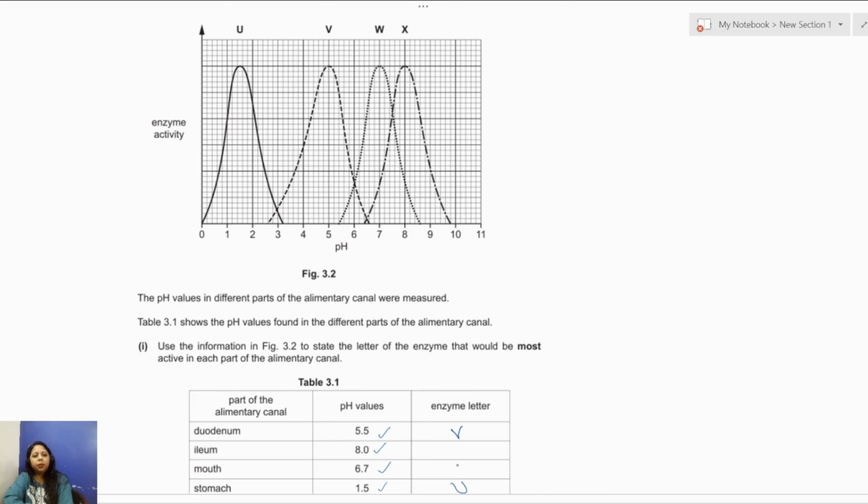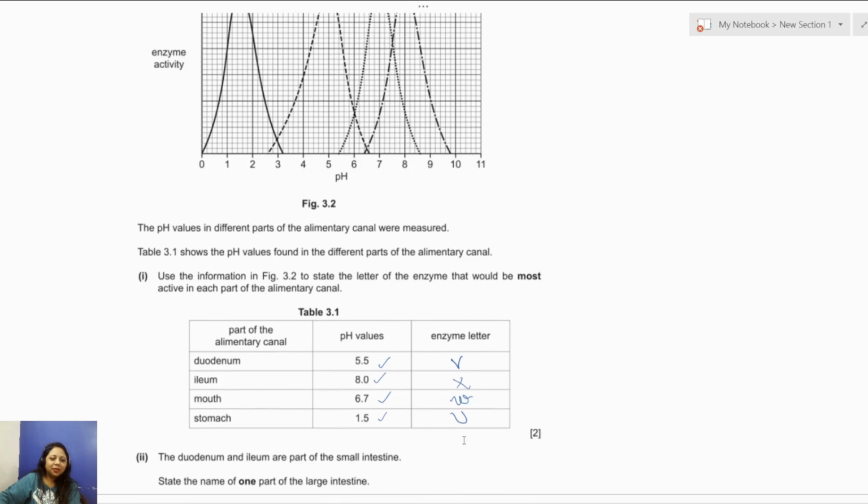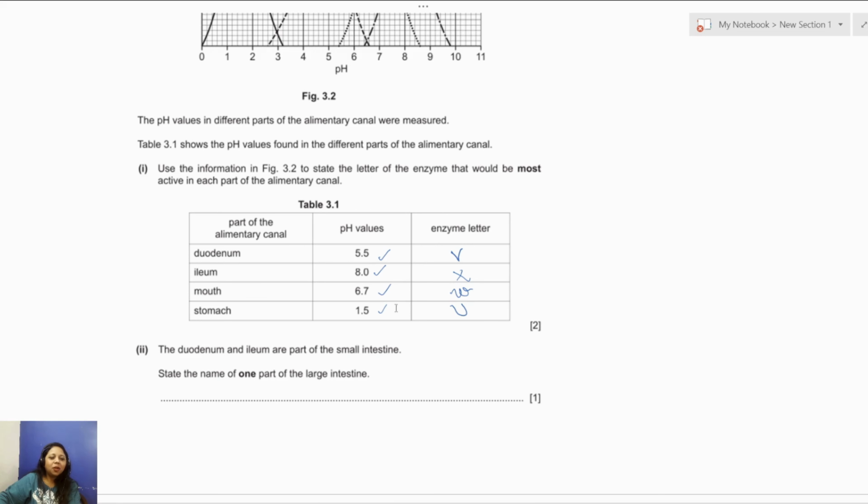Then W, mouth. Okay. And X, ileum. Okay.